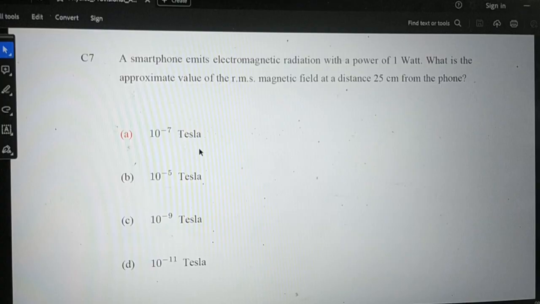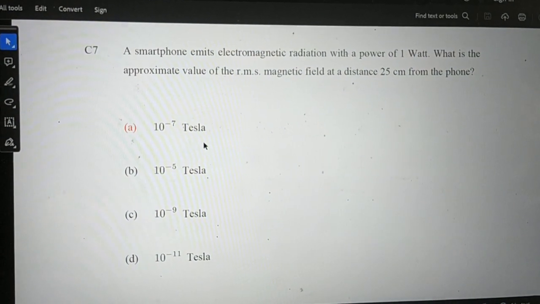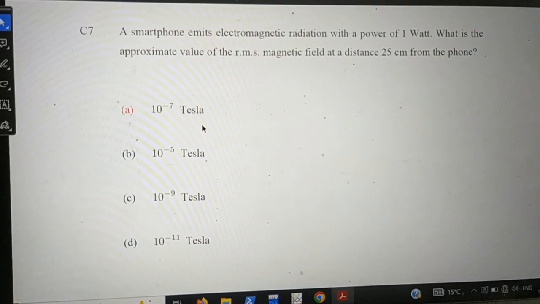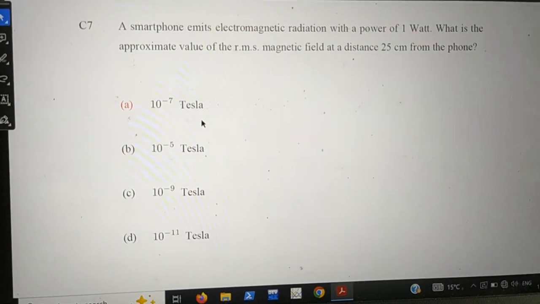A smartphone emits electromagnetic radiation with power of 1 watt. What is the approximate value of RMS magnetic field at a distance 25 centimeter from the phone?